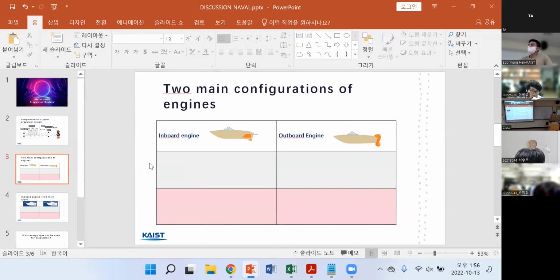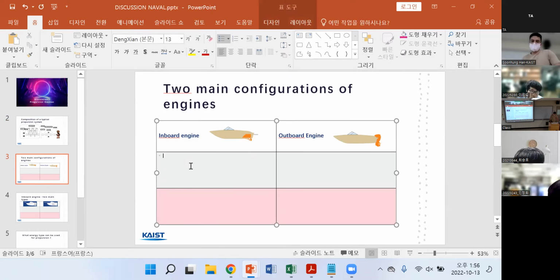Maybe we can try together to point out some pros and cons of the two configurations. For the inboard engine, the maintenance is easier because the engine is inside. The ship is more streamlined for the inboard engine.